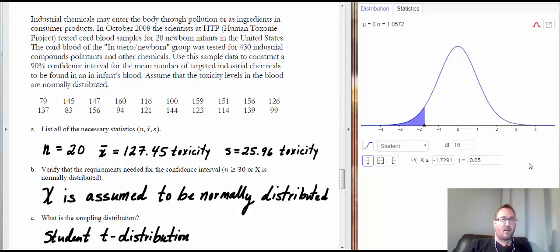The cord blood of the in utero newborn group was tested for 430 industrial compound pollutants and other chemicals. Use the sample data to construct a 90% confidence interval for the mean number of targeted industrial chemicals found in an infant's blood. Assume that the toxicity level of the blood is normally distributed.